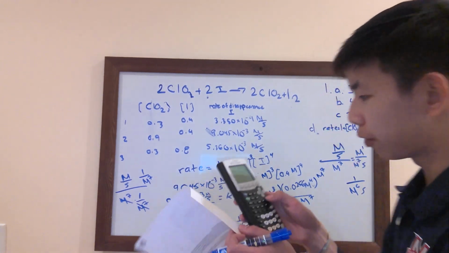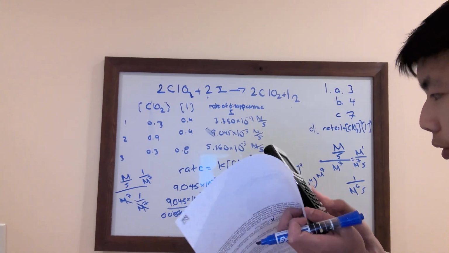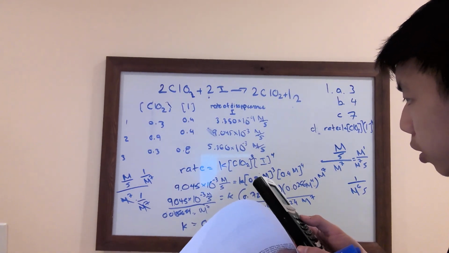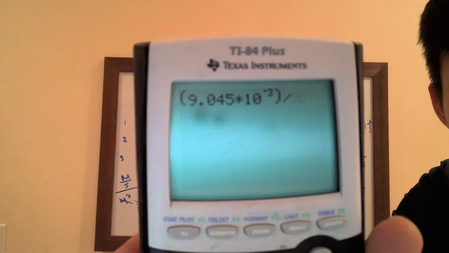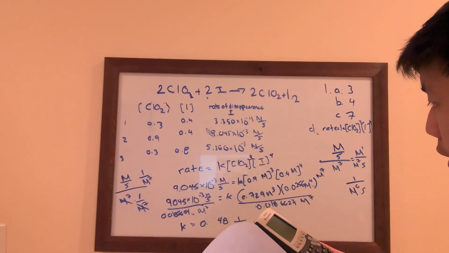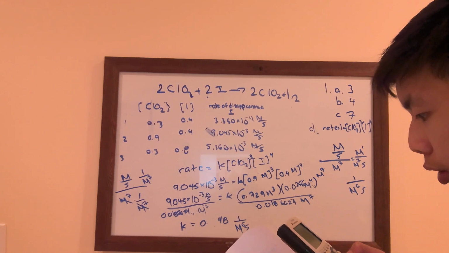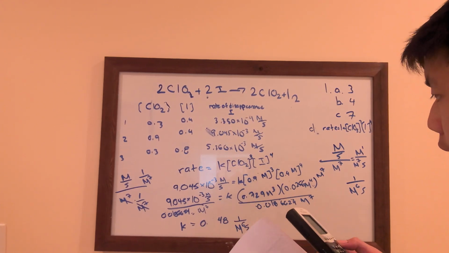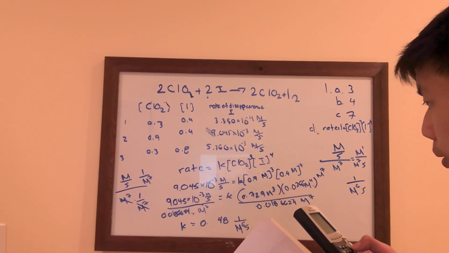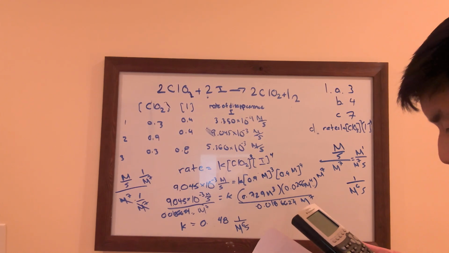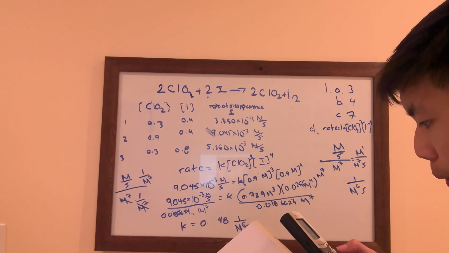Yeah, I'll just do it right now in front of you. 9.045 times 10 to the minus 3 divided by 0.0186624.